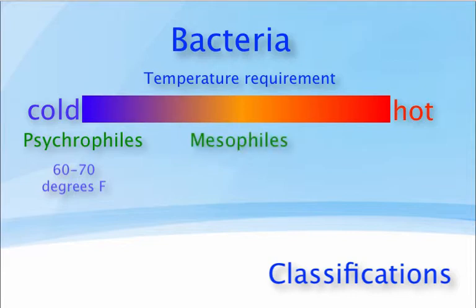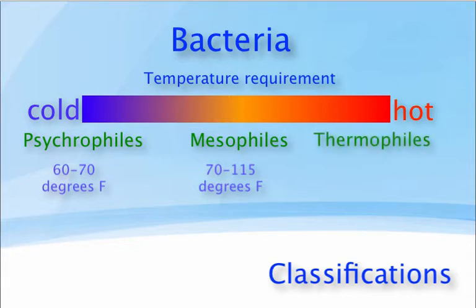Mesophiles like moderate temperatures. Meso is a prefix that means middle or intermediate. They grow and reproduce in temperatures from about 70 degrees Fahrenheit to 115 degrees Fahrenheit. Since the human body is 98.6 degrees, mesophiles are bacteria that can live in and on them.